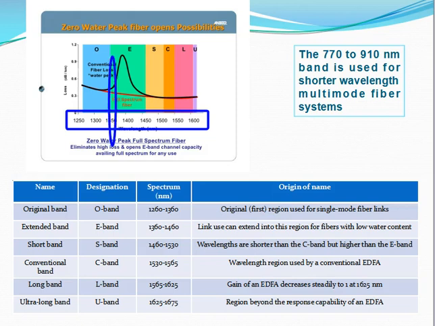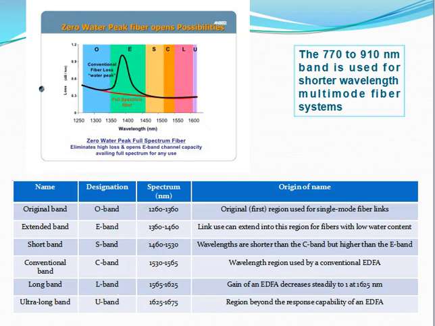Why? This is because these are the conventional zero water peak fiber, whereby the loss is minimal in this region. So normally we will use this frequency band. This is the most optimum wavelength to be used for the source in conjunction with the fibers, so that we have a minimal loss.